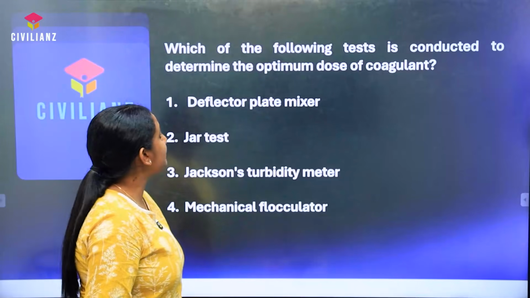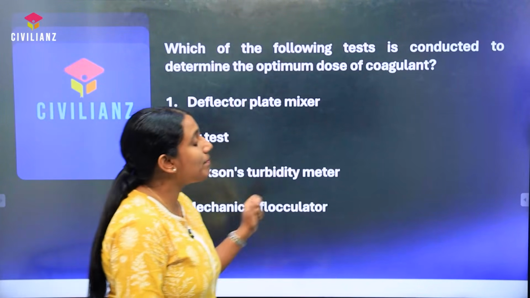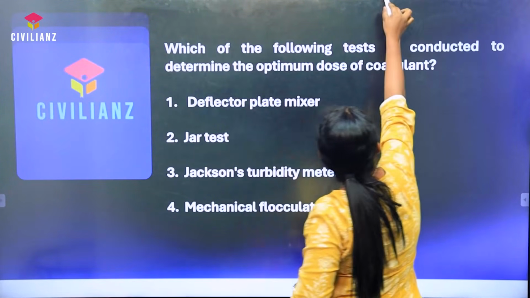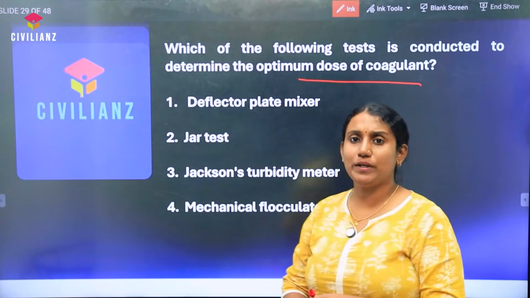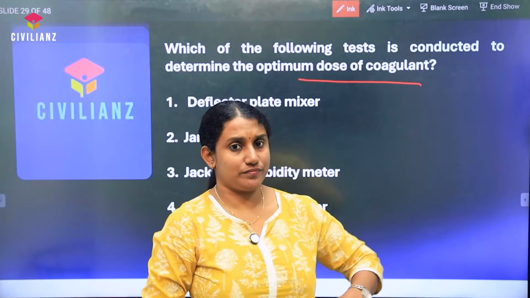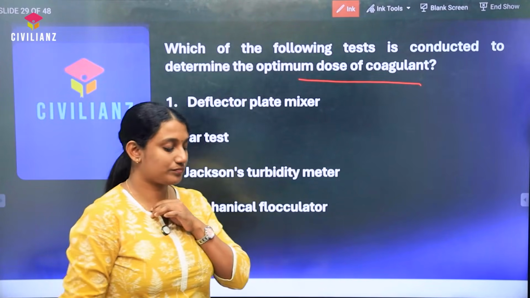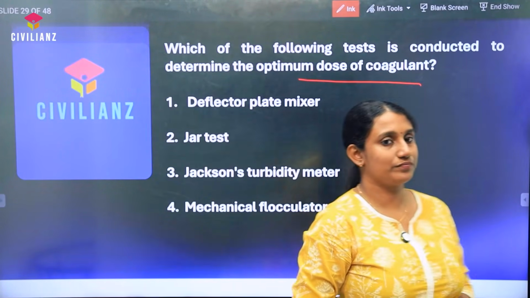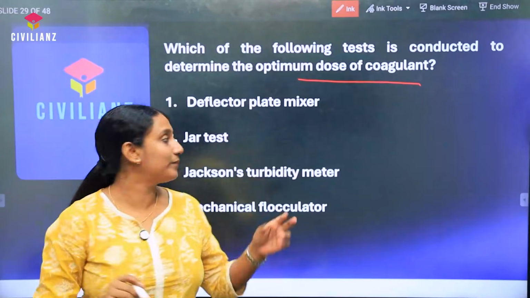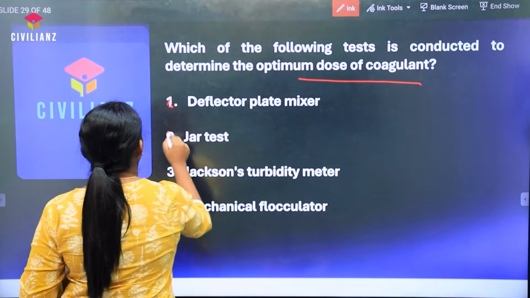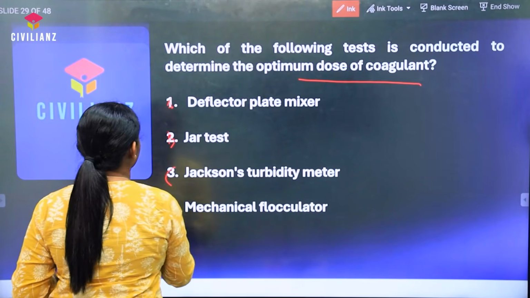Which of the following tests is conducted to determine optimum dosage? Optimum dosage. A famous test actually. Which one? Any options? 1, 2, 3, or A, B, C, D.